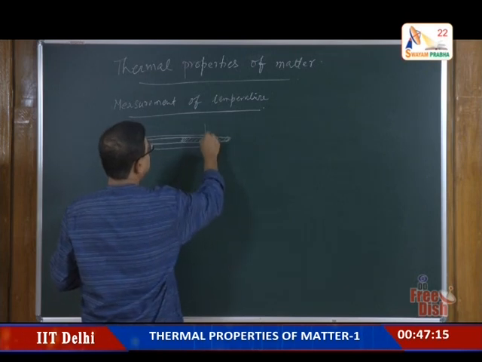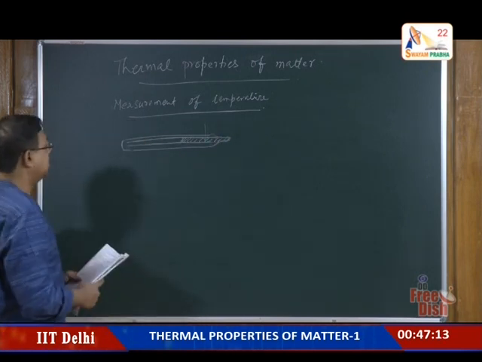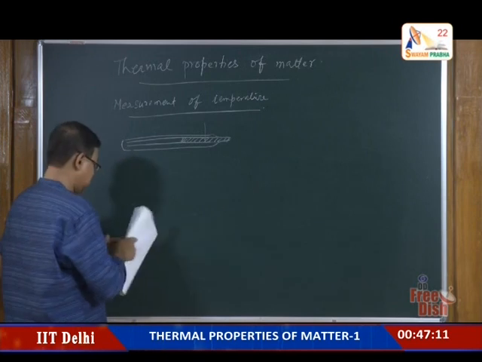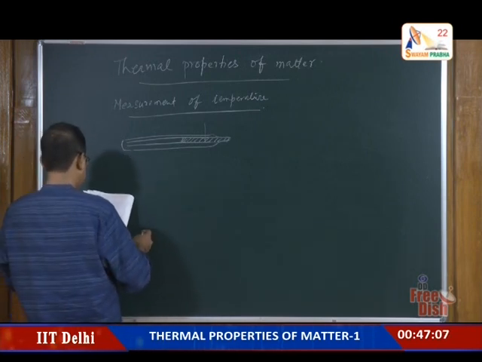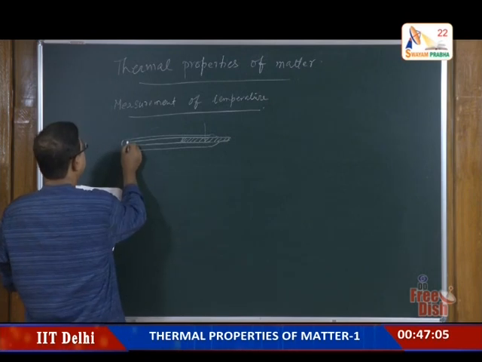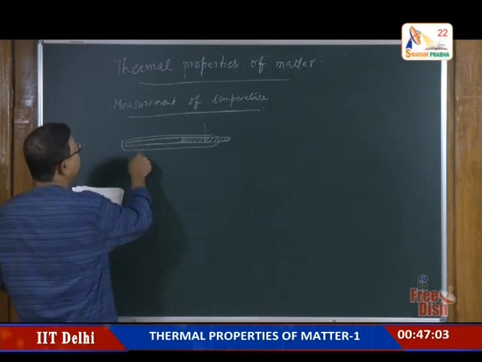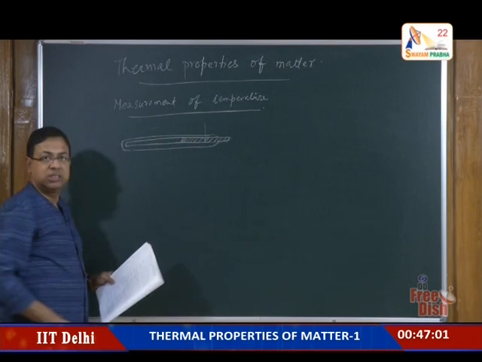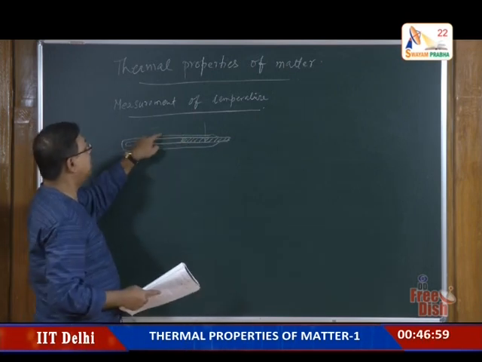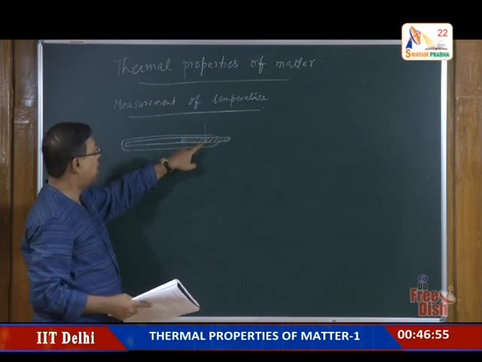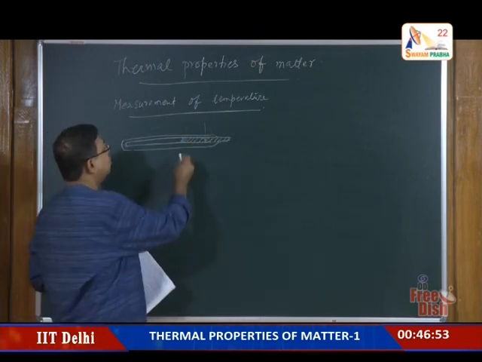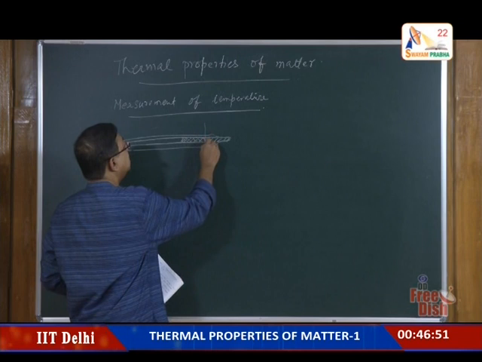So, this is the mercury, and this is a mercury filled bulb which is enclosed in a glass tube, and the glass tube has markings here. I'll do the marking in a while, and this shaded part is the mercury.